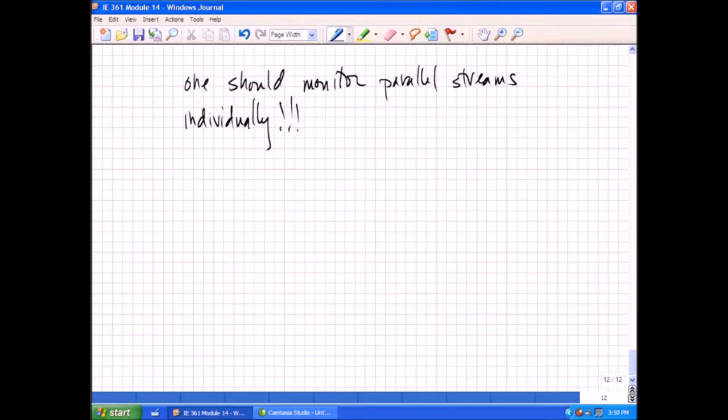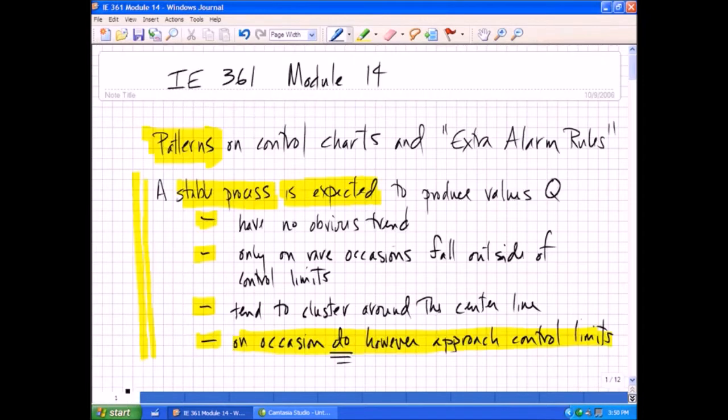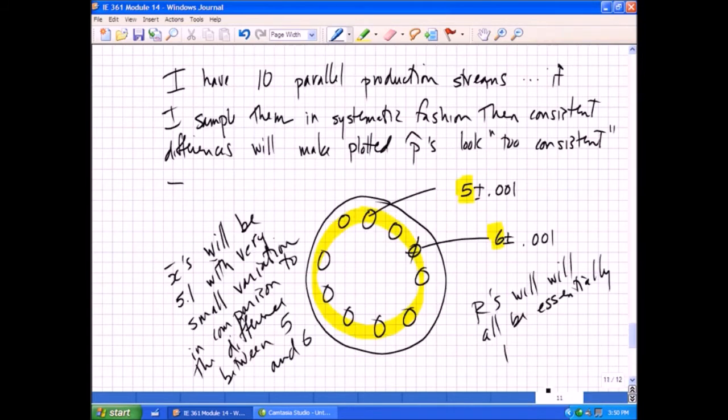And if I ignore the stratification, I will miss the fact that there is a fundamental difference between this guy and all of the others.